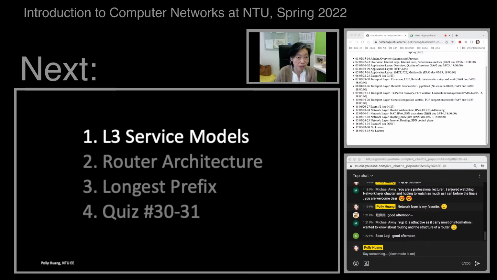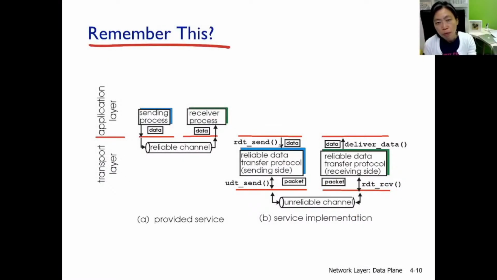So the next two videos are to talk about the possibilities. Video number 1 is to still try to give you a little more background so you can imagine what service levels are like in the network layer. Before we talk about the service models implemented at the network layer, let me remind you of this.